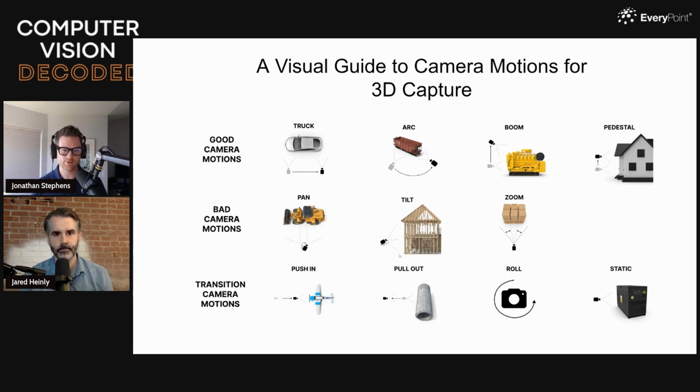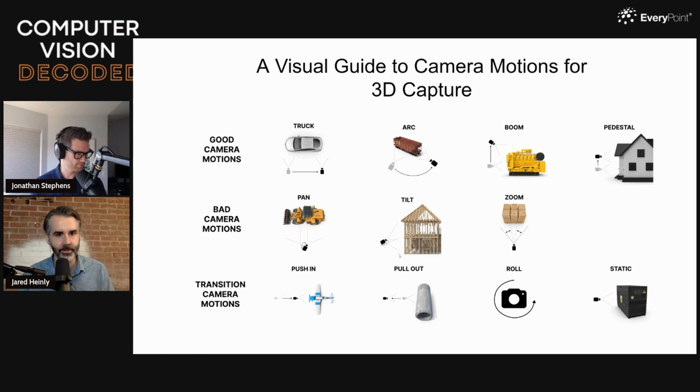So Jared, why is it important that we stick to these visual motions when you're capturing a scene in 3D? Yeah. So what these motions do is enable you to have good data for the 3D reconstruction. Behind the scenes, 3D reconstruction isn't magic. It's not just like you throw images in and hope for the best that some amazing 3D result's going to come out.